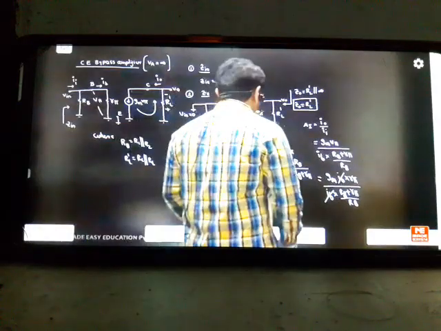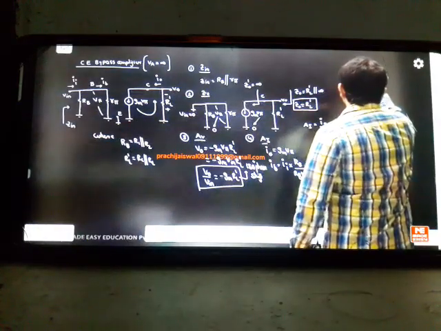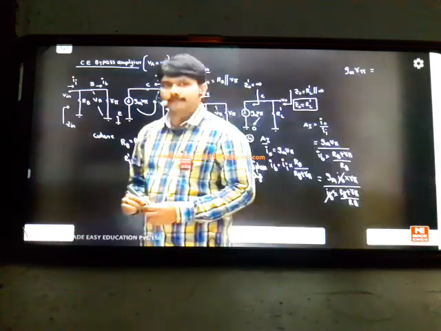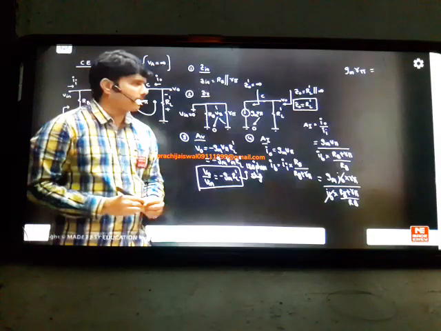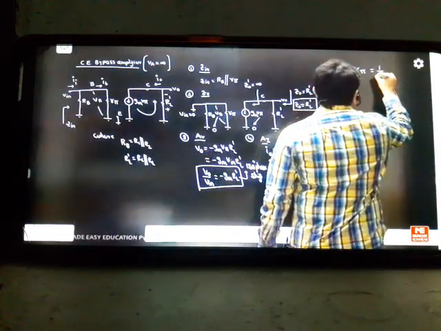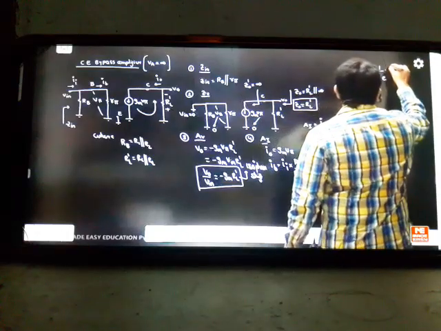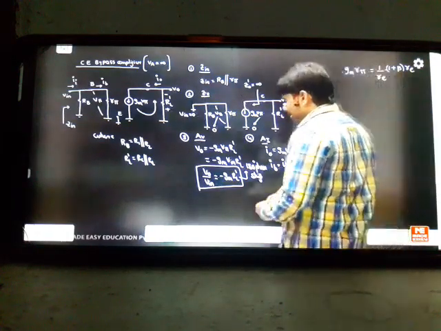Whenever you get an answer like this, see here, there is a term gm into R pi. Can you simplify this term? Is there any other form you can write the term in the numerator? gm is nothing but 1 by small re. R pi is nothing but 1 plus beta into small re. So R pi can also be called 1 plus beta re.